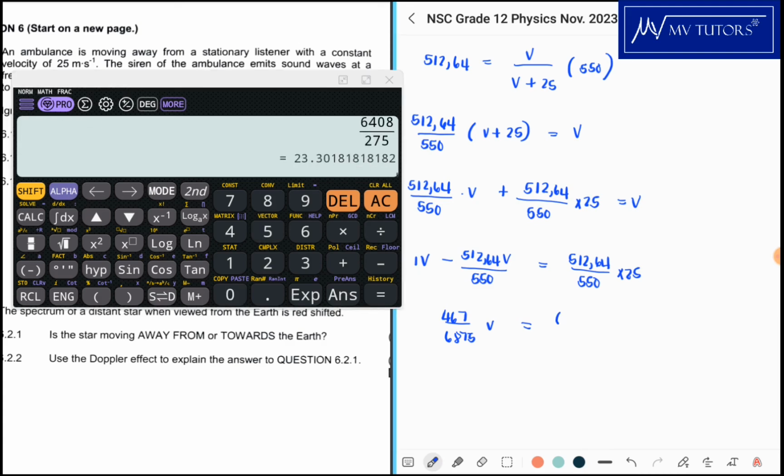I'm also just going to use fractions, 6408 over 275.